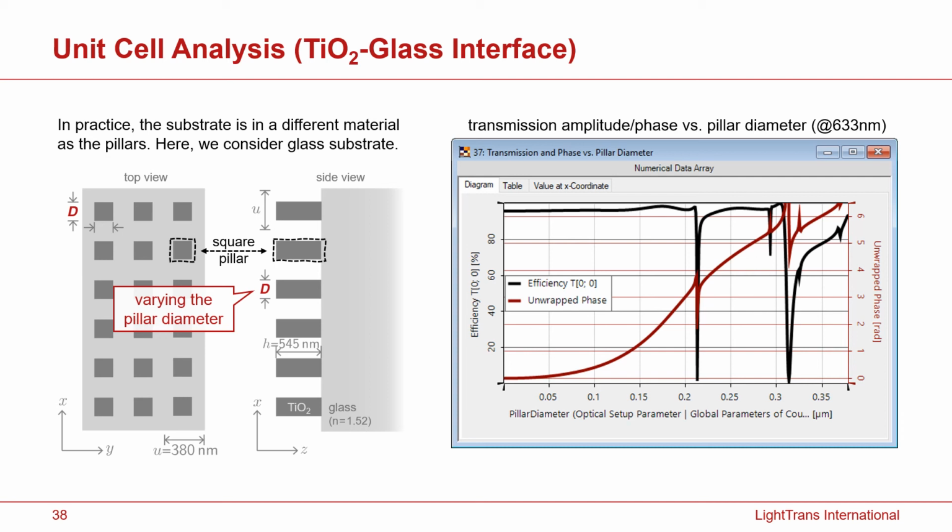Let's look at the range within, let's say, the first 300 nanometer. The red curve covers almost a 2 pi range, and the black curve, which represents the efficiency, is almost constant and high, except at some particular resonant locations.